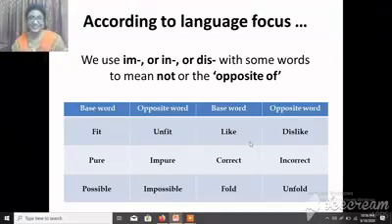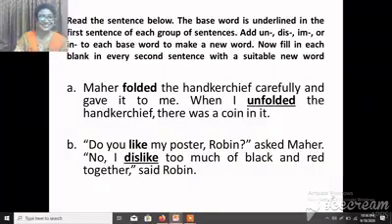It's impossible. Okay. Like, dislike. Correct, incorrect. Fold, unfold. That means here we use un, im, in to make the opposite word of some base words.